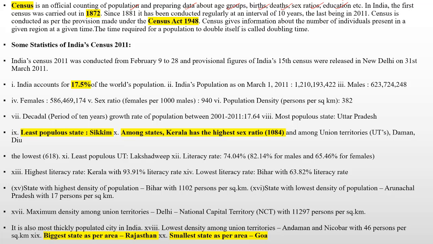Since 1881, it has been conducted regularly at an interval of 10 years, the last being in 2011. Census is conducted as per the provision made under the Census Act 1948. Census gives information about the number of individuals present in a given region at a given time.